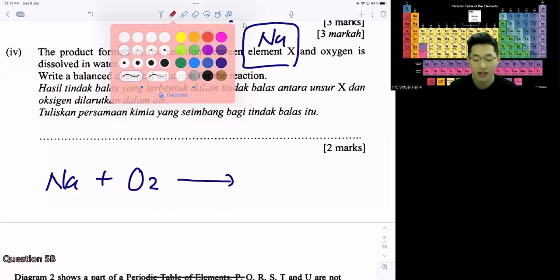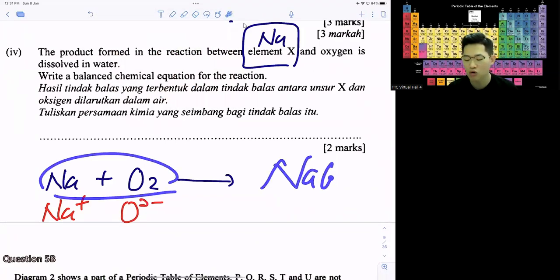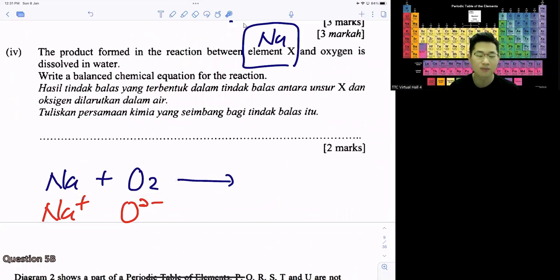Write the ion first. Don't always go like Na plus O2, NaO2. This is for weak people. Good student always will list out the ion and think, okay, Na2O. Then you balance it. 4Na plus O2, 2Na2O.